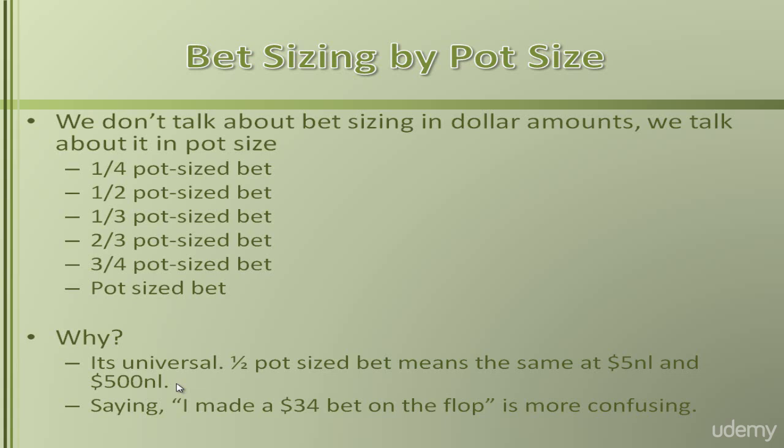That makes a lot more sense than I bet $34 on the turn and villain jammed all in for $78. That can be more confusing, especially if the person you're talking to doesn't know the blinds and the stakes and the effective stacks and other information. So just remember to discuss poker hands in regards to the pot size.